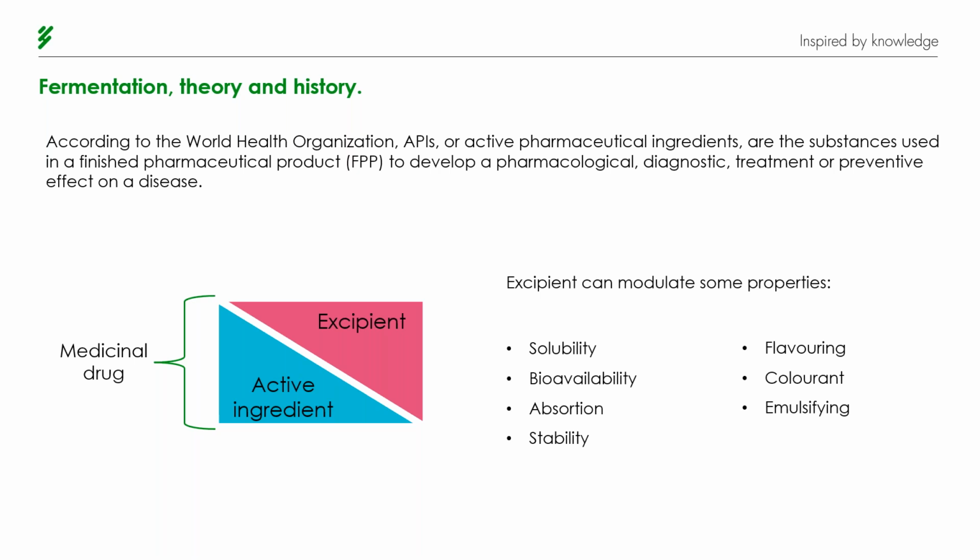For example, it can regulate or modulate the solubility and the bioavailability of the API, making it easier to be absorbed by the patient. Also, it can regulate the stability, the flavoring, so it will be easier to take, the coloring, and the emulsifying.